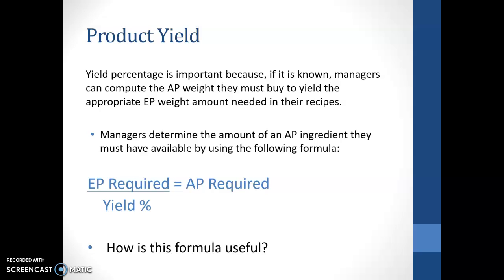I know that I have to peel them before I cook them, right? The weight of the peels is included in what I'm paying for. If I need 50 pounds for my actual recipe and I buy 50 pounds of potatoes, I'm going to be short. So I need to understand the yield on a potato, so that I buy extra to include the weight of the peels, so that I have the 50 pounds that I actually need for my recipe after I peel them.